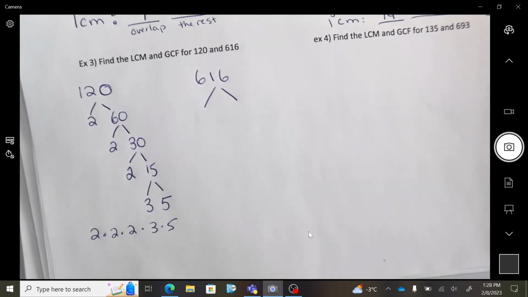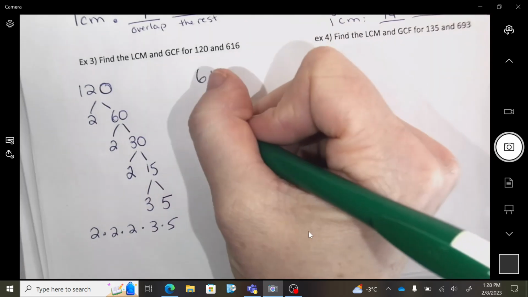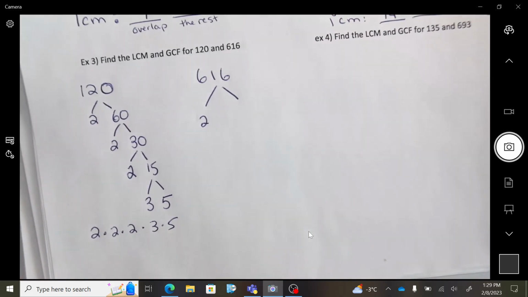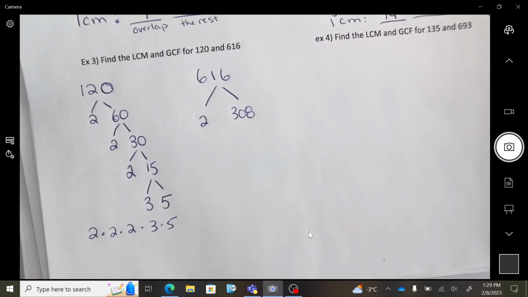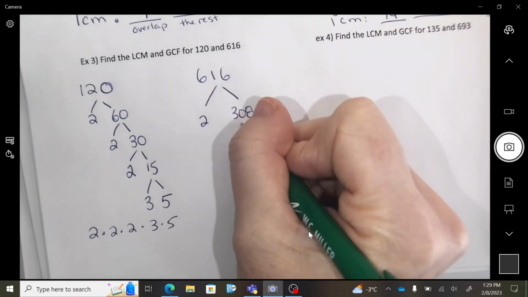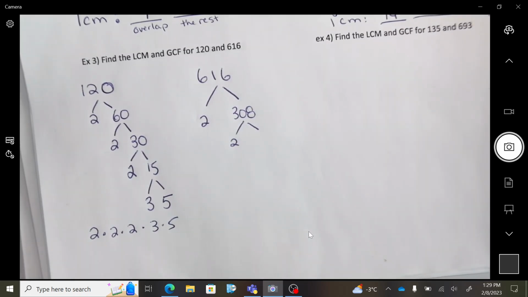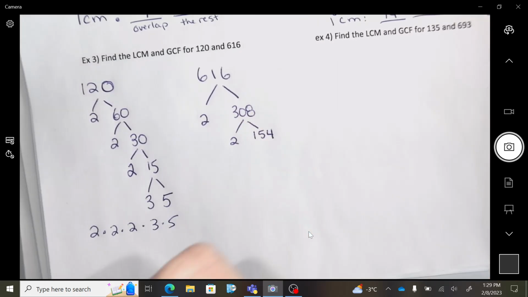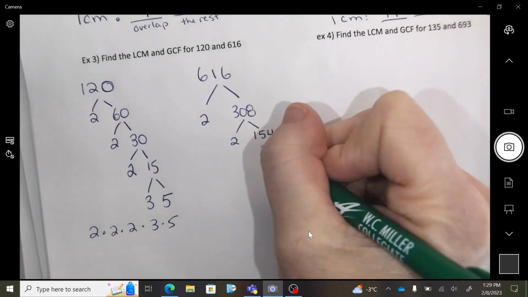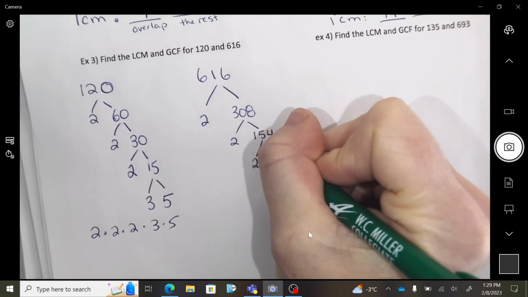Ooh, this is a big one. We might have a long tree here. Okay. 2. 308. That's going to have to be a 2 again because that's even. 154. 2 again, it's even.